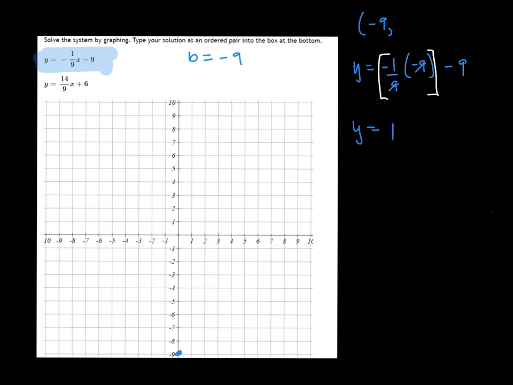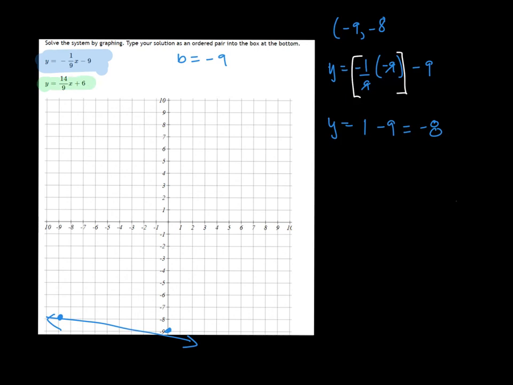So that's just a +1 minus 9. So that gives me a y value of -8. So I have my second point, -9, -8, which is right there. And I can go ahead and draw this line.